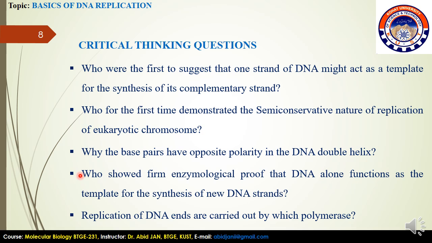Within 5 years of the discovery of the double helix, evidence emerged for the separation of the complementary strands during DNA replication, as suggested by Watson and Crick. This firm enzymological proof was first provided by the Meselson and Stahl experiment of semi-conservative replication in 1958.